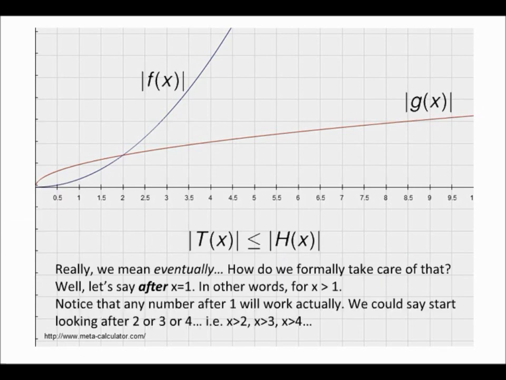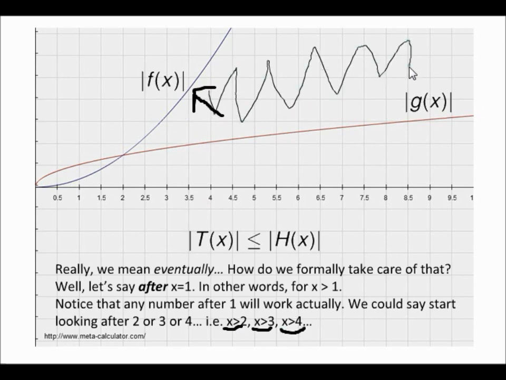Let's do a little recap. Oh, and also notice that if my blue function is greater than or equal to my red function after 1, so starting at 2, it's going to be greater than or equal to after 2, after 3, after 4. Anywhere over here, and after any of these x values, my blue function will always be greater than or equal to.